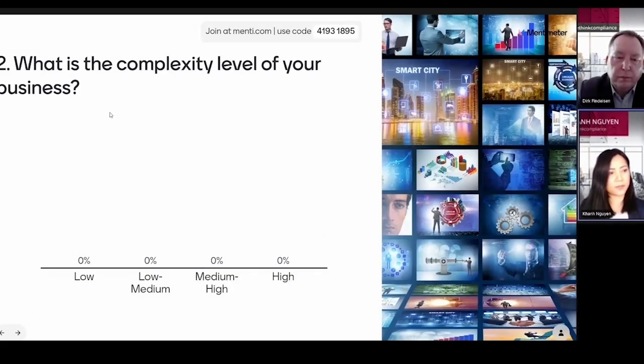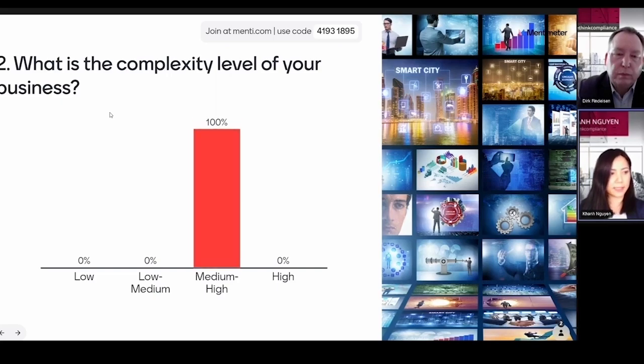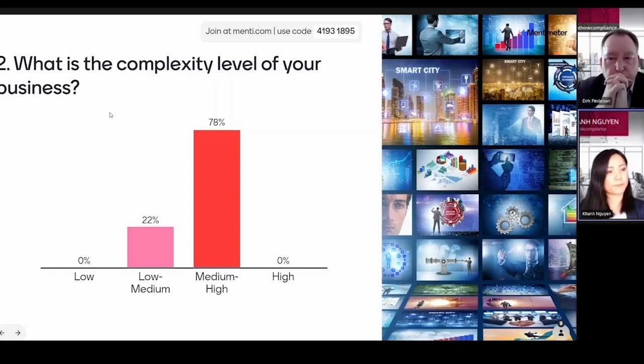So that is the first question that we're interested in, how you assess your own complexity of your organization. And then we have a second question related to that complexity, and that might give you and also give us a better insight in the situation that you are facing.